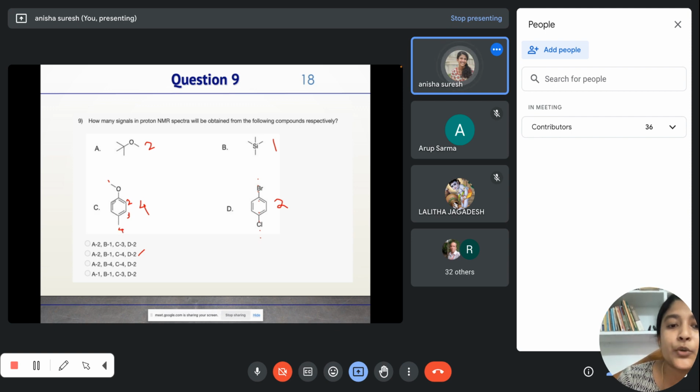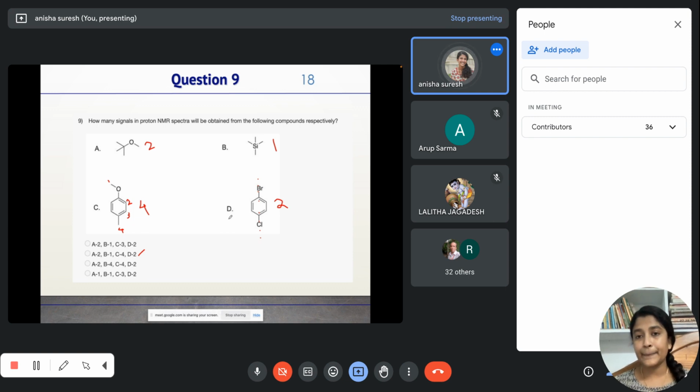These are identical. 2 will be identical with this, 3 will be identical with this. So there will be 4 distinct signals in the proton NMR spectrum, and D will have 2 different signals in the proton NMR spectrum.